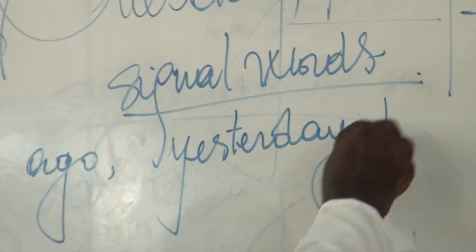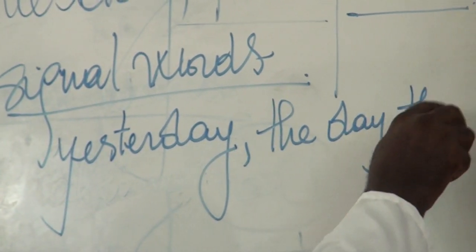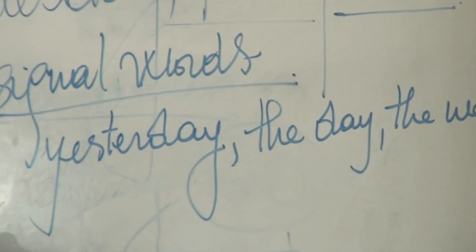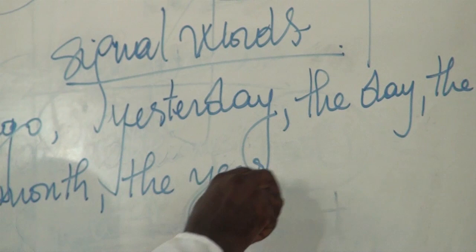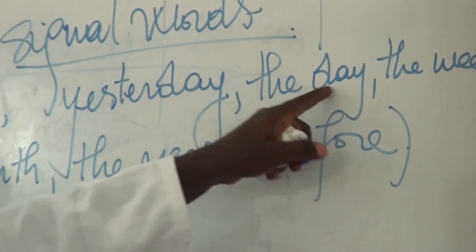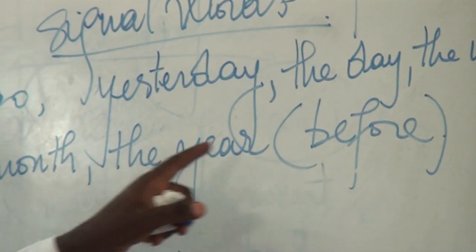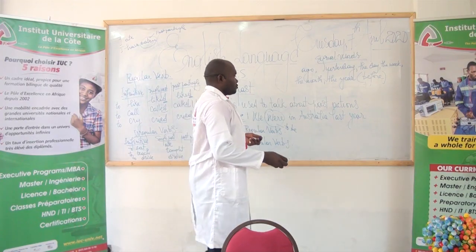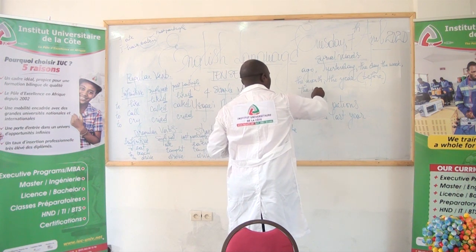We can talk of the day, the week, the month, the year before. You see, we can say the day before, we can say the week before, we can say the month before, and we can say the year before. And also, we can talk of the previous.